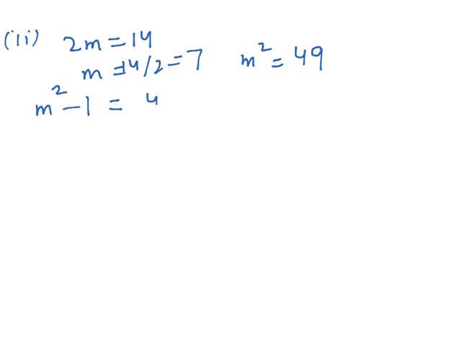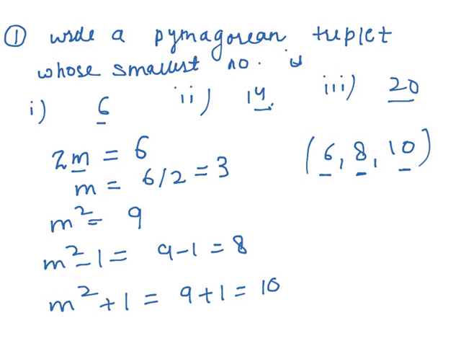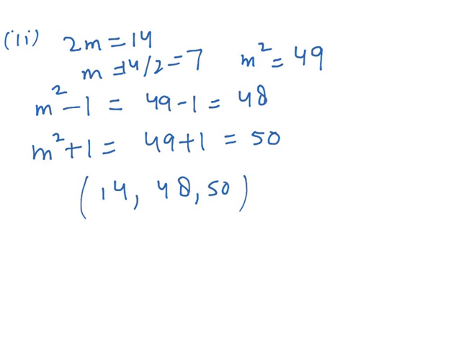M square minus 1 will be 49 minus 1, that will be 48, and m square plus 1 will be 49 plus 1 is 50. So the Pythagorean triplet is 14, 48 and 50.